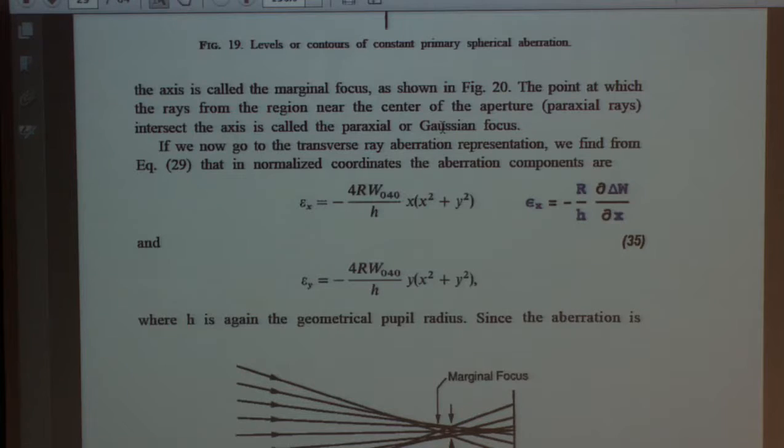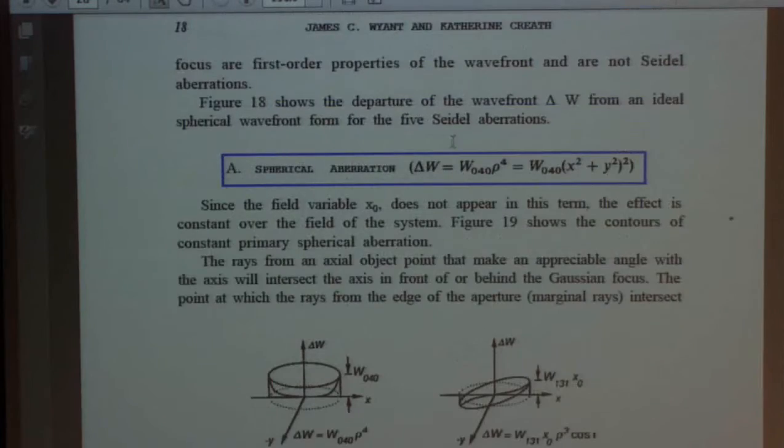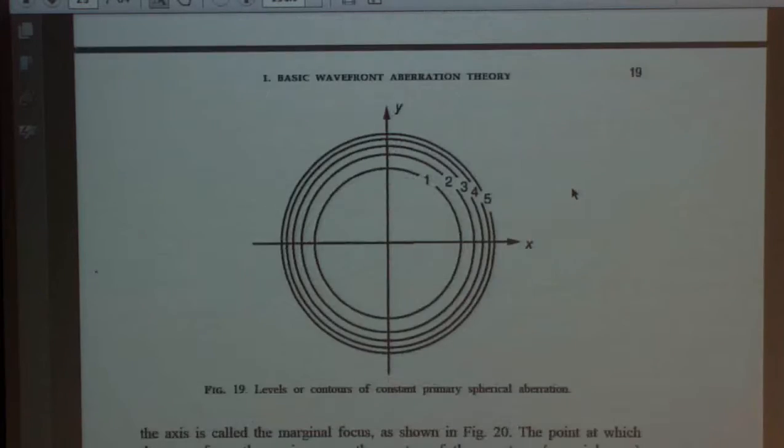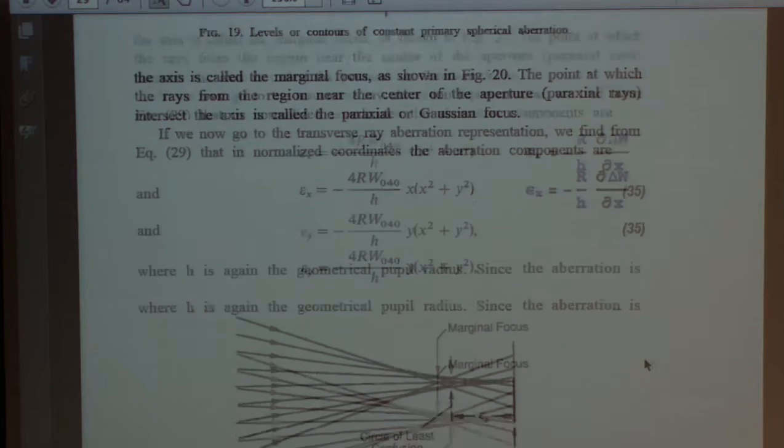And so if this is x squared plus y squared quantity squared, when you take the derivative of that, wherever we had the aberration up here, we're going to get minus 4r W040 over h times x squared plus y squared. And for epsilon sub y, we'll get the same thing, except this x is replaced with a y. And h is, again, the geometrical pupil radius.